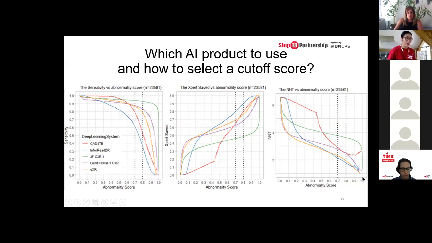As Jake mentioned, even in the same country, different programs use different cutoff scores. And this graph will really help programs figure out the implication of different cutoff scores on sensitivity, on cost, and so on.